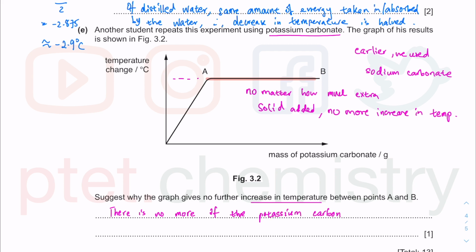That is what we call the solution is already saturated. Saturated solution basically means that no more of the solid can dissolve because you already have the maximum amount of solute dissolved in that particular solvent, the distilled water, at that particular temperature.